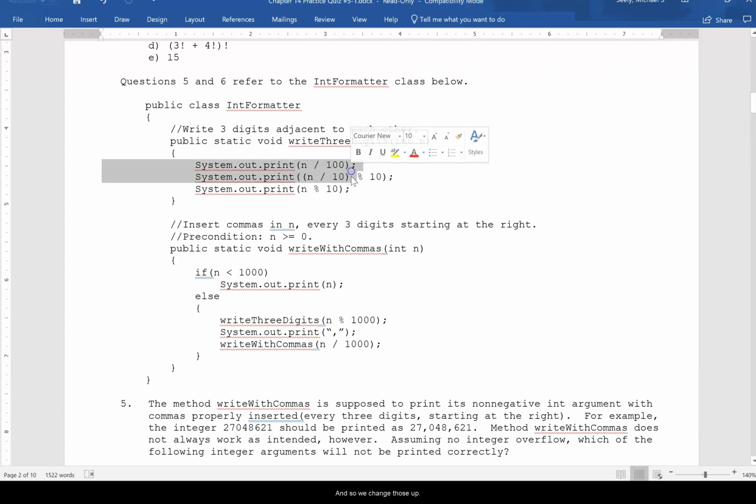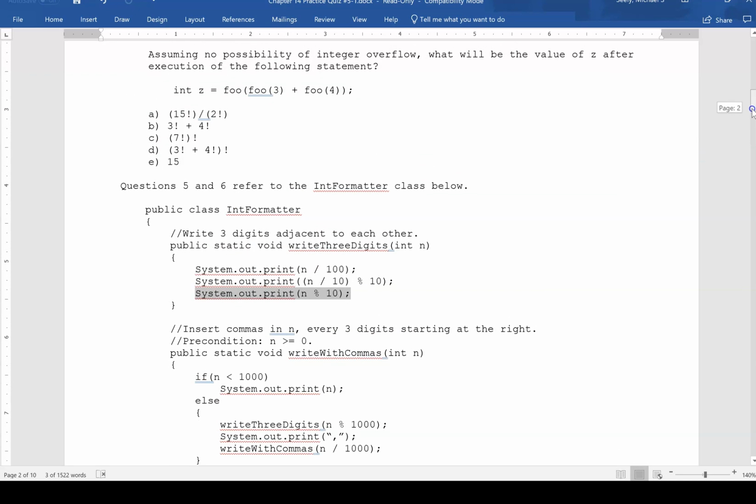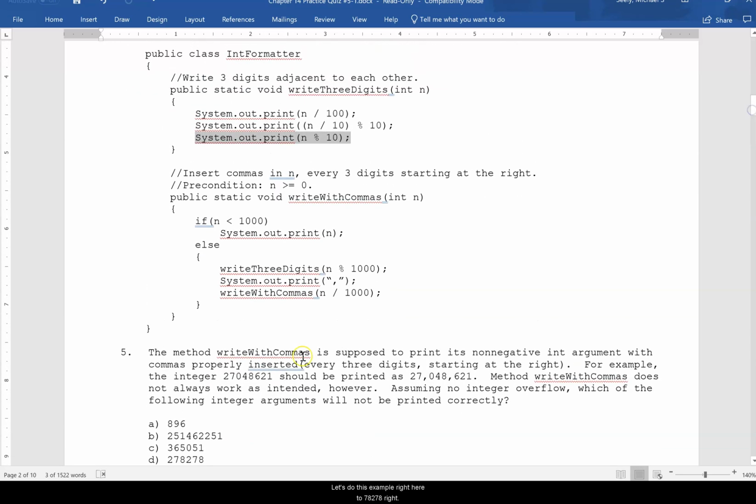And so if we change those up, let's just do the first example. Let's do this example right here, 278, right? So if we were to pass that in, that's not less than 1,000. 278 modulus 1000 would give us 278. It would be passed in here, and then we would do this.